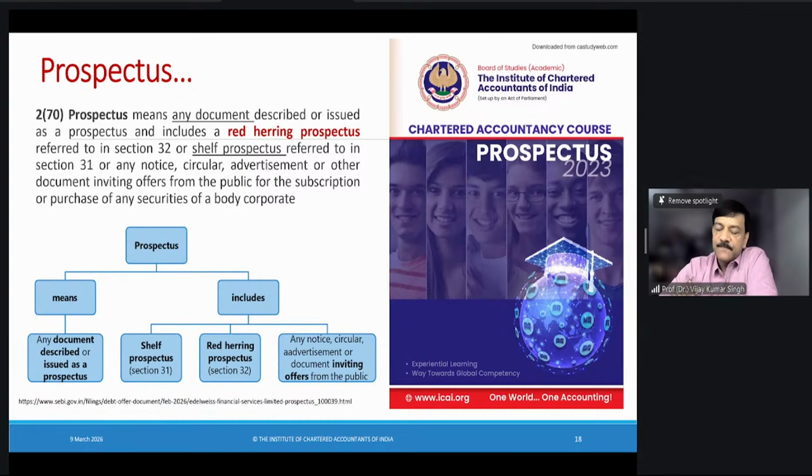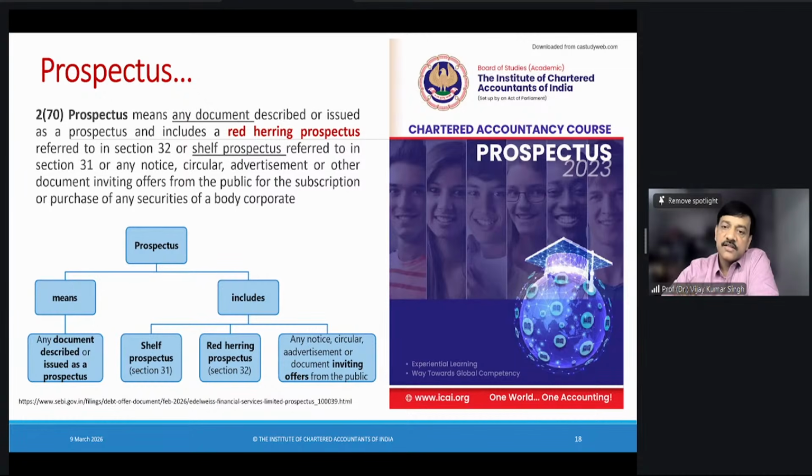So you can see here that there are two things which are very, very clearly mentioned here. One is shelf prospectus referring to section 31 and red herring prospectus referring to section 32.